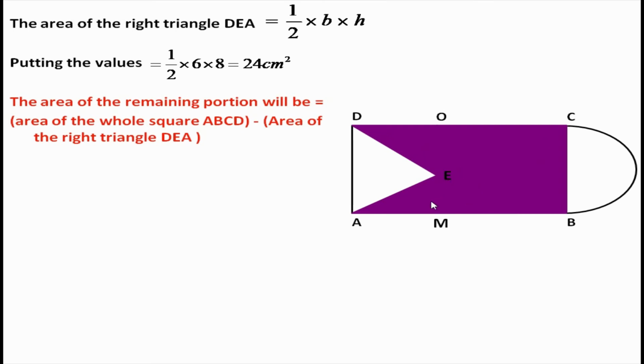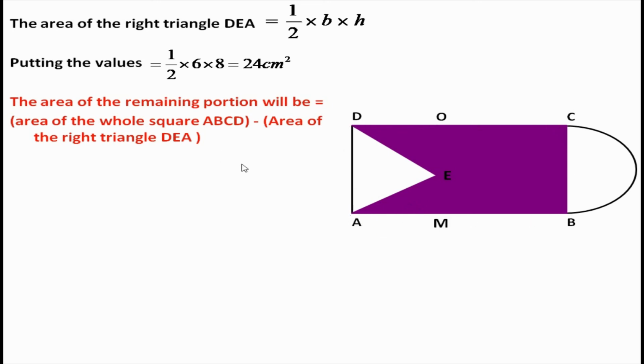Hence, we have to subtract whatever the extra area is here. This is the extra area I am talking about, this DEA. The area of this right triangle is the extra area over here which we don't want. We only want the area of this purple portion. That's why I am going to subtract this extra area from the area of this whole square ABCD.